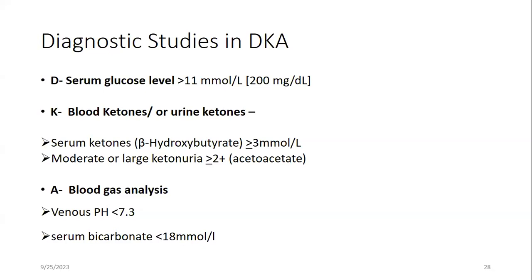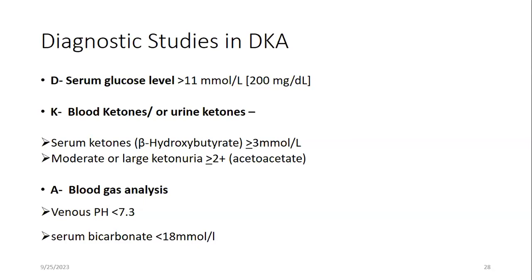So when you talk of DKA, think of the letters in DKA. D standing for diabetes, K for ketosis, A for acidosis. So diabetes: I need to know the glucose level of this patient. You must establish whether this patient is diabetic or not.